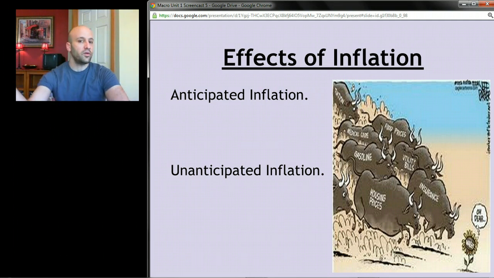For example, if I know that prices are going to rise 3% next year, I can go to my employer and say, hey, they're predicting price rises of 3%. You have to pay me 3% more. If my employer does that, then I'll be equally well off next year as I am this year. On the other hand, if I don't know about that and I don't negotiate a pay raise, I'm going to see my real income go down as a result of that unanticipated inflation.